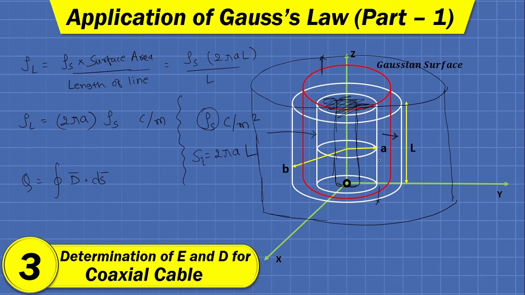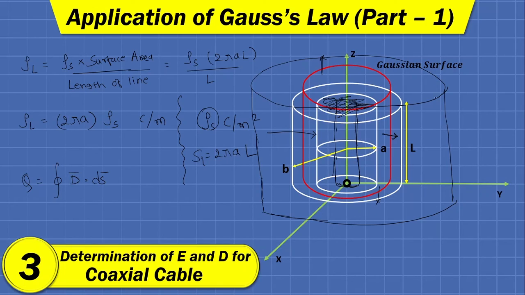Okay, so for such cases the outer cylinder, that is the Gaussian surface, will enclose a net charge of 0, because whatever the charge density of the inner cylinder is, the charge density of the outer cylinder will be of the same magnitude with opposite polarity.